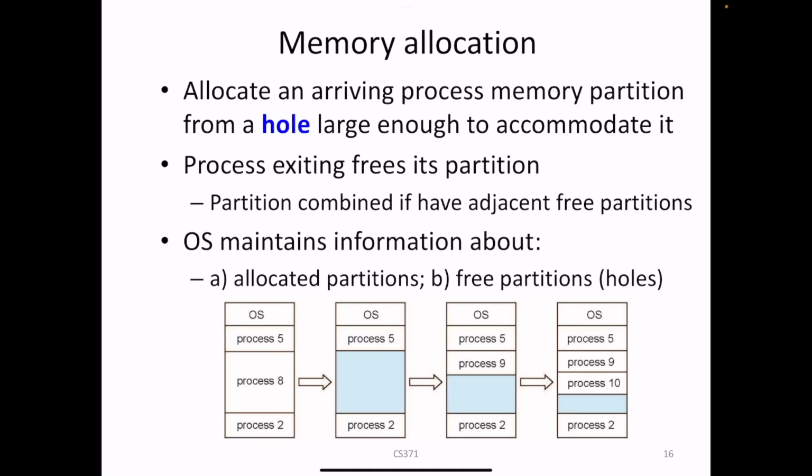For memory allocation, when a process arrives in the system, we allocate a memory partition from a hole that is large enough to accommodate it. Here we have a very important terminology, which is called a hole. The hole represents a free memory block that can be allocated to a process.